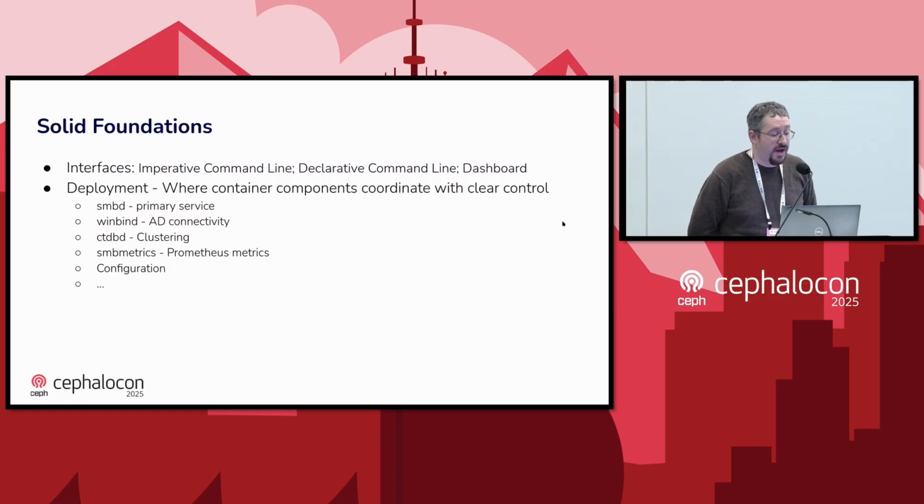If you're deploying with Active Directory, we deploy a Winbind sidecar. If you're clustering, we deploy CTDBD, which is really a tongue twister. We deploy SMB metrics to create those Prometheus metrics I mentioned earlier. And then we have configuration sidecars and a few other small helpers that help integrate back into the rest of the Ceph cluster.